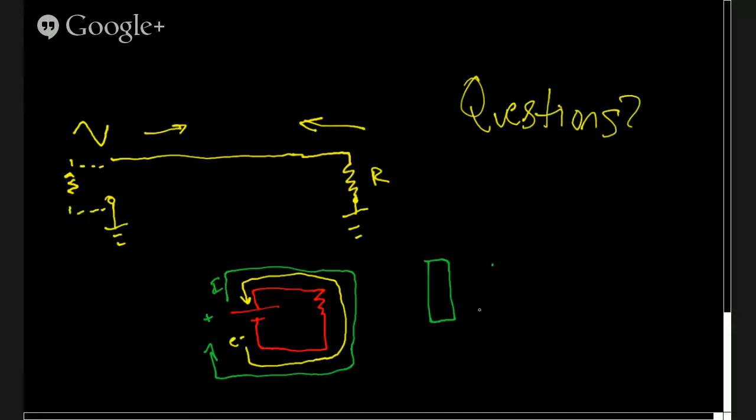Yes, we have two dissimilar metals. So say zinc and copper, or carbon zinc, which is a popular battery chemistry.